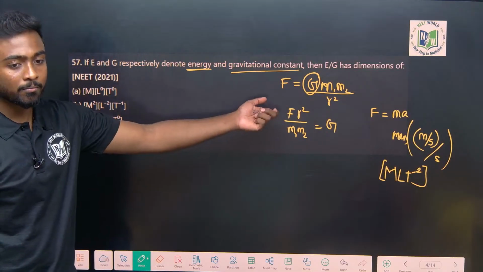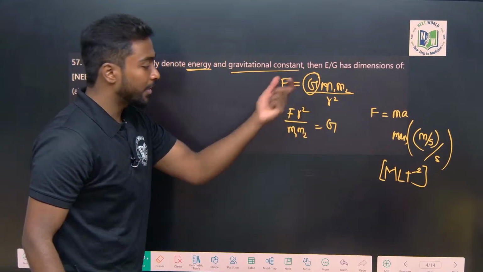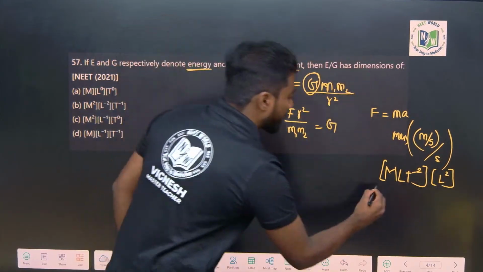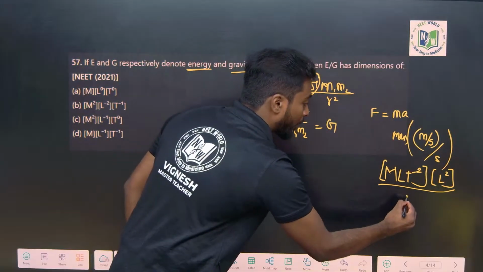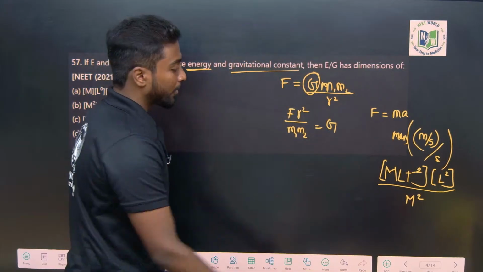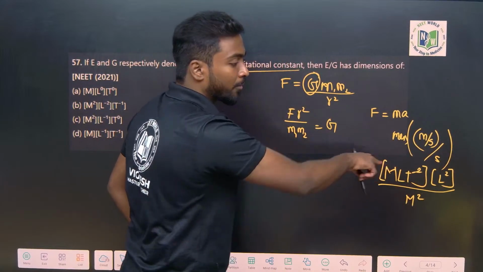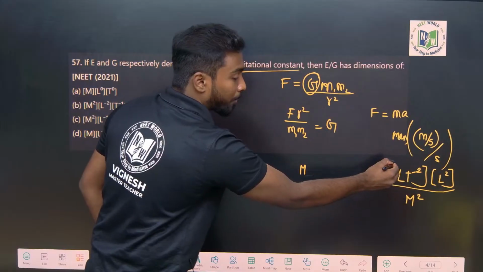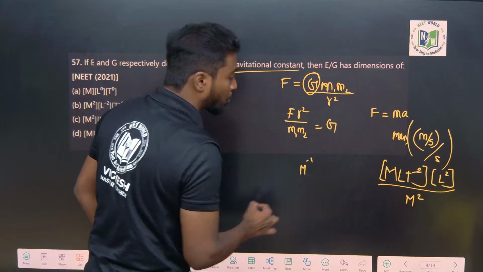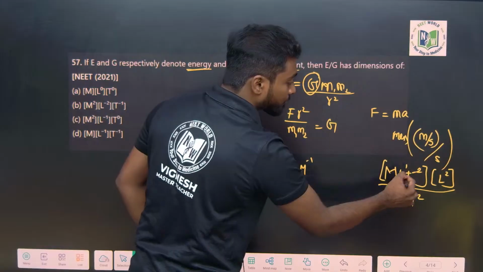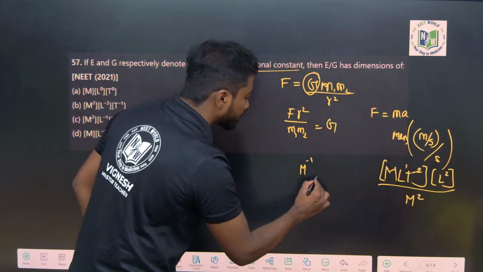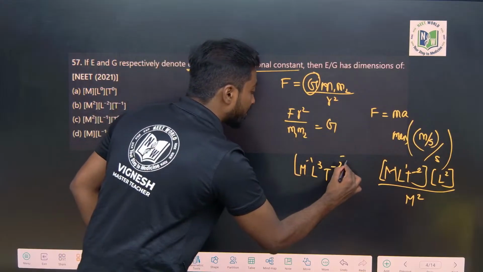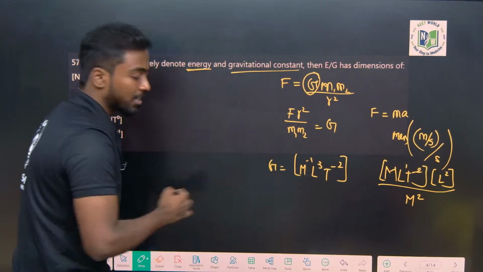It's a distance, so L square, divided by mass M square. Now if M goes up, it becomes M power minus 2. So 1 plus minus 2 will be minus 1. So this is M power minus 1, L cube, T power minus 2. This is the dimensional formula for G.